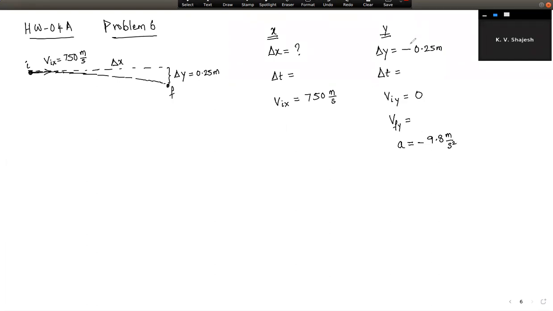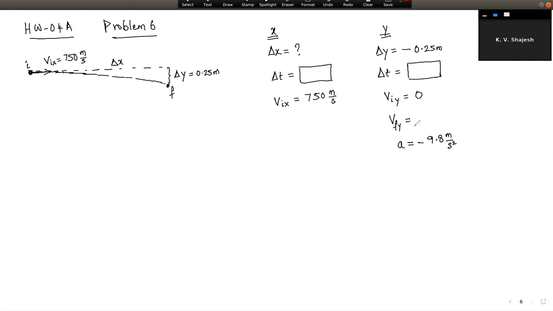So again, the strategy would be to calculate delta t in the y direction, then use the same to denote the time in the x direction also, because that's common. And once we have two quantities in the x direction, we can calculate delta x. Again, it's coming out with the same equations.